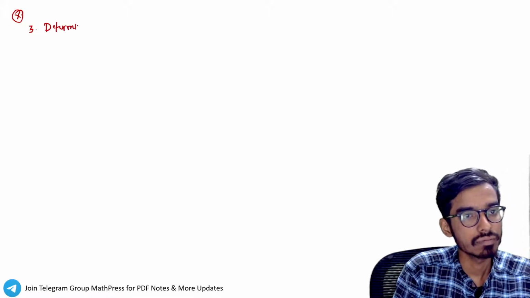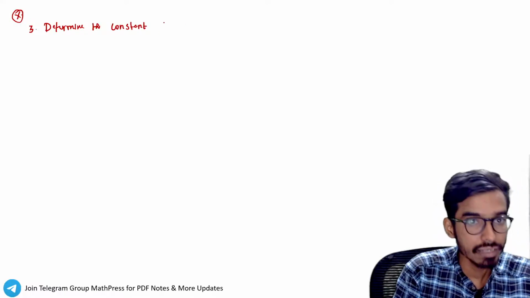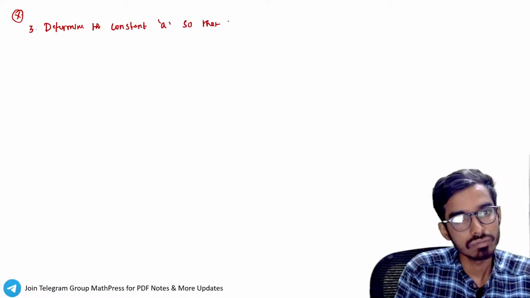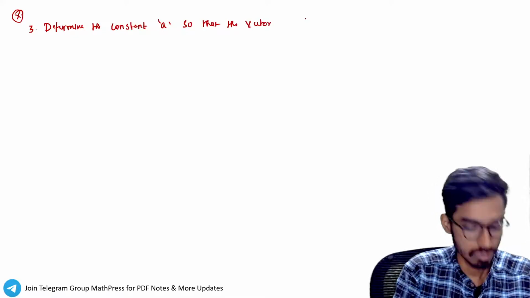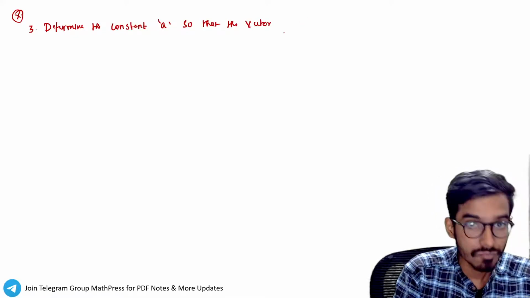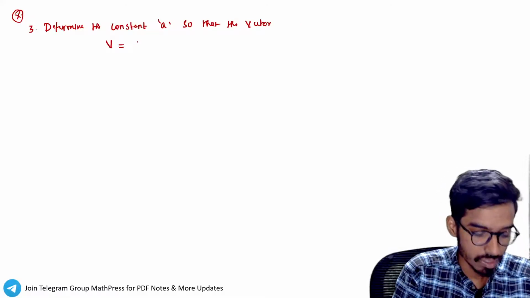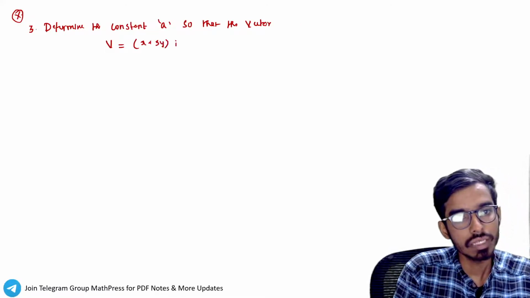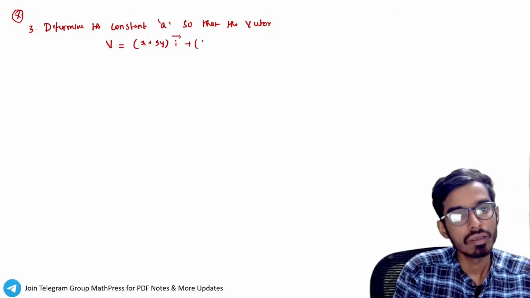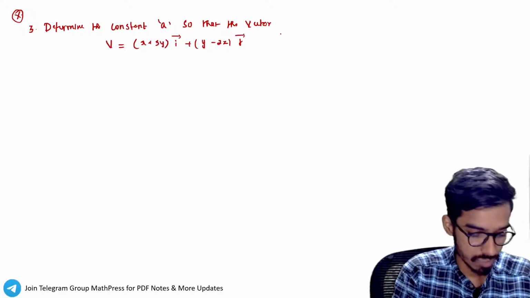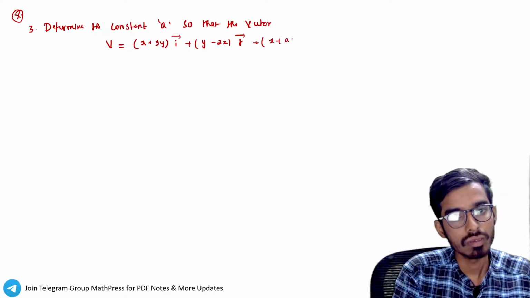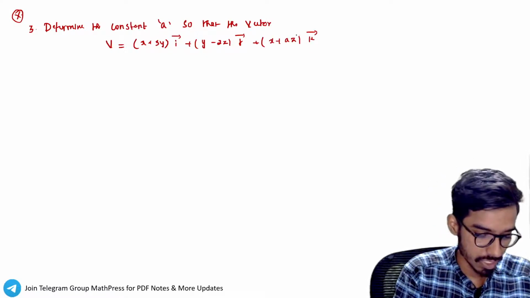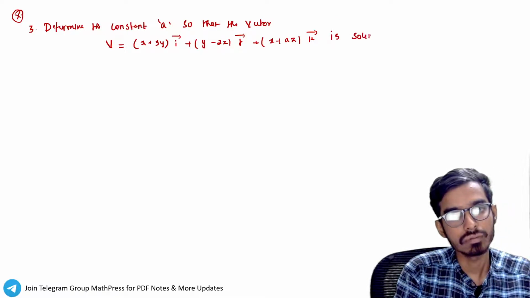This is very important. So determine the constant a so that the vector b is equal to (x plus 3y) into i vector, (y minus 2z) into j vector, (x plus az) into k vector is solenoidal, right?